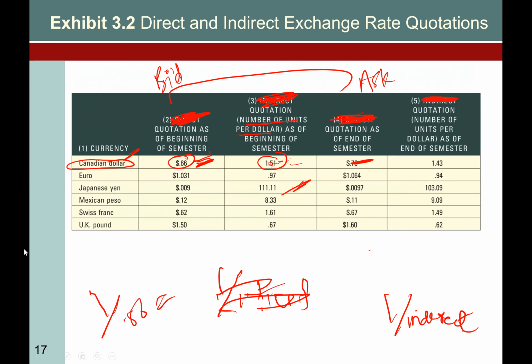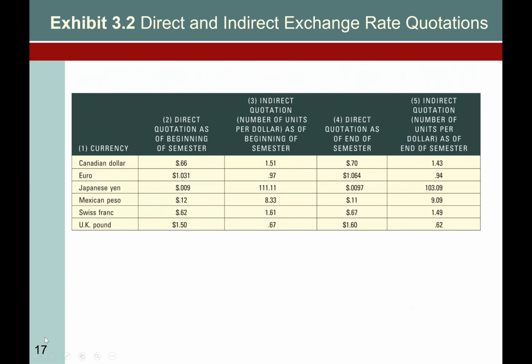Let me remove all this mess here. The value of 1 Canadian dollar is 0.66 and the value of 1 Canadian dollar is 0.70. So this must be ask and this must be bid.